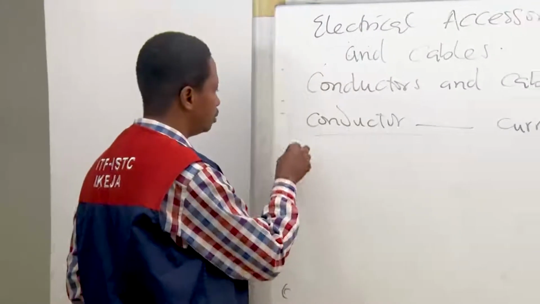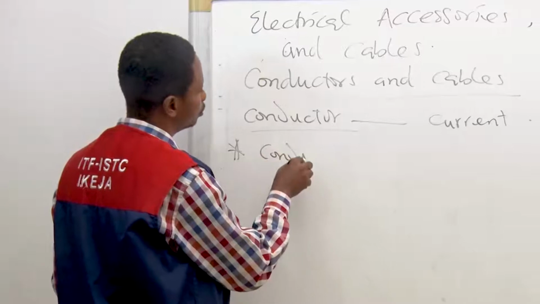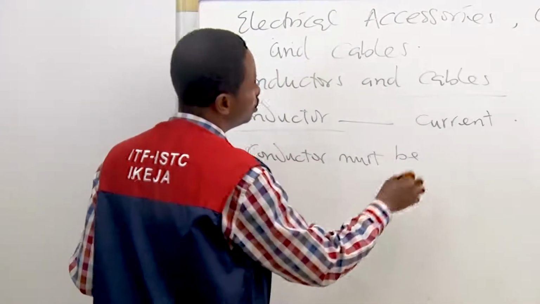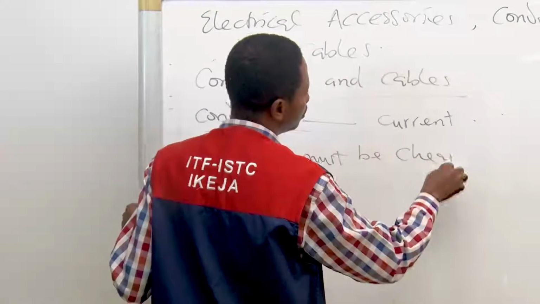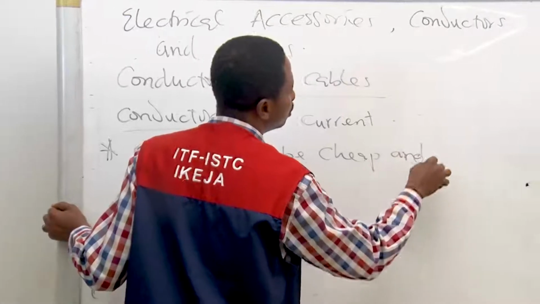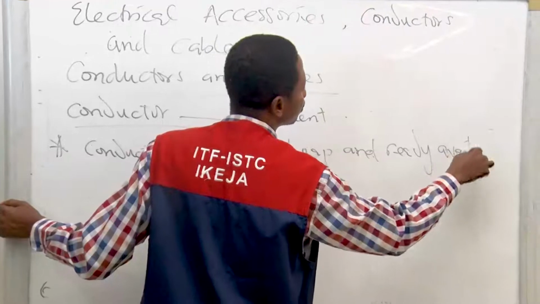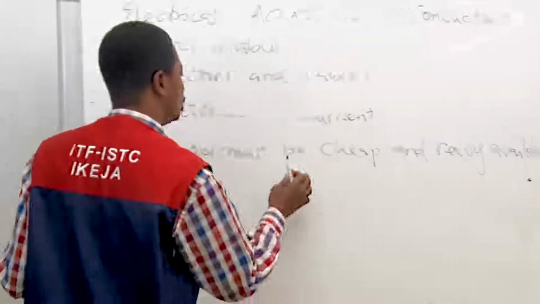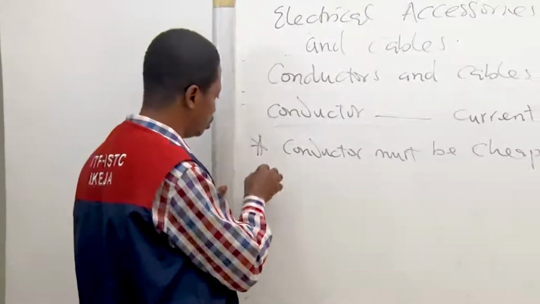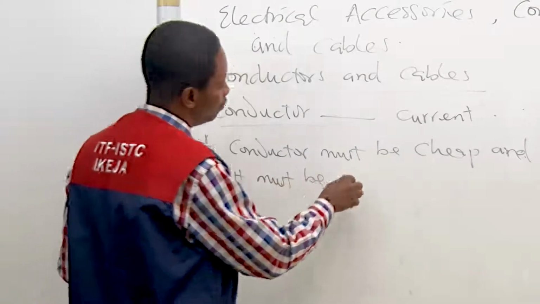In electrical, number one, a conductor must be cheap and readily available. Cheap in terms of cost and readily available. Number two, it must be flexible.